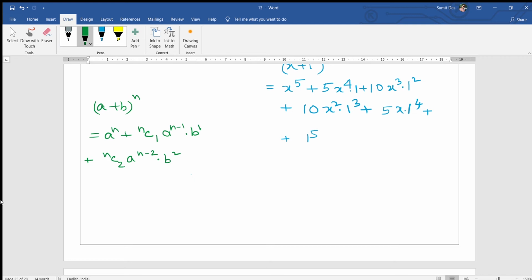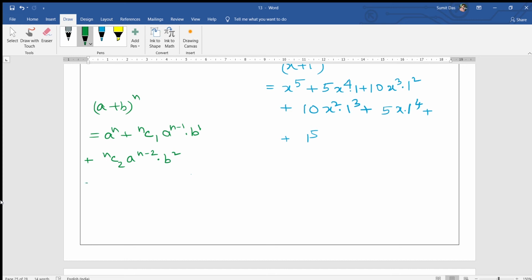If you put n equal to 3, you will get the a plus b whole cube formula.